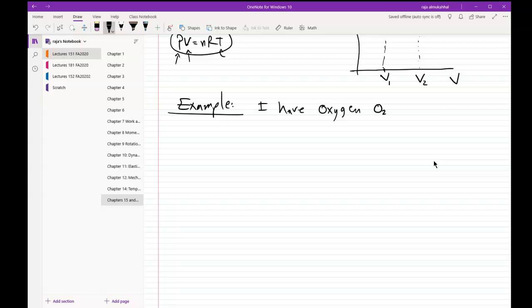So oxygen gas, O2, of mass 100 grams, in a container with a volume of 600 centimeter cubed, watch those units, and temperature of 150 degrees Celsius. The question is, find the pressure.